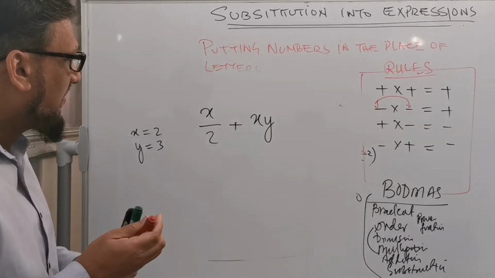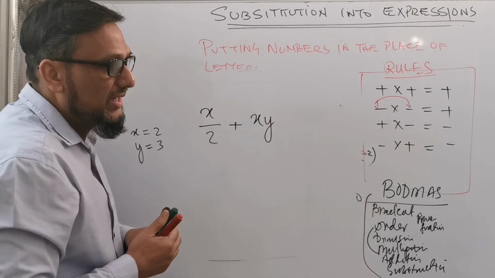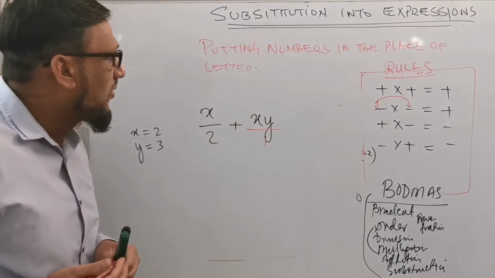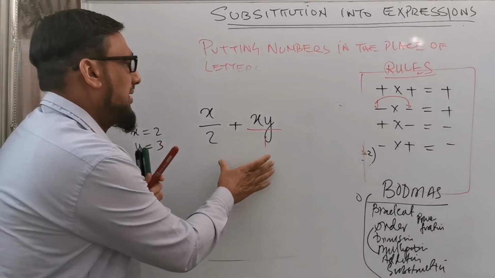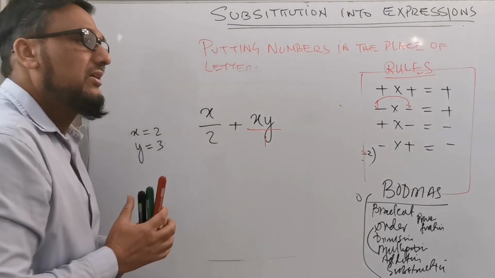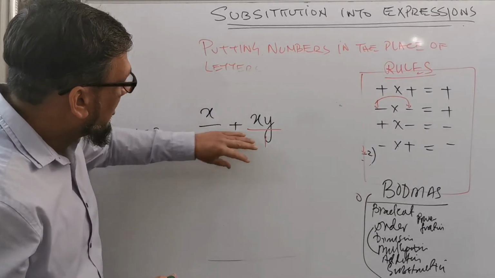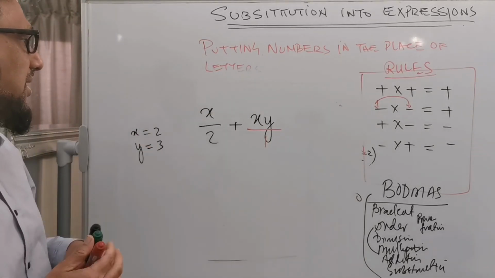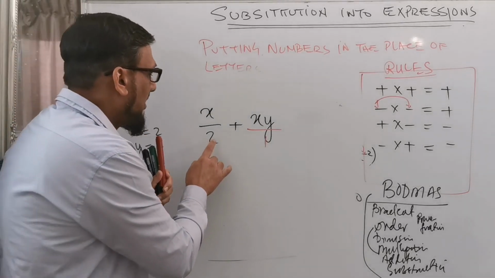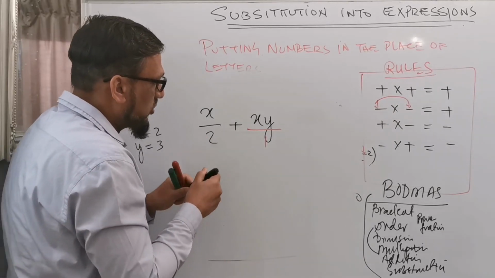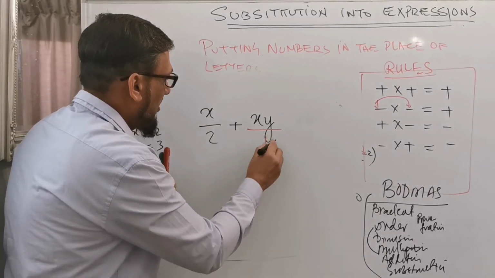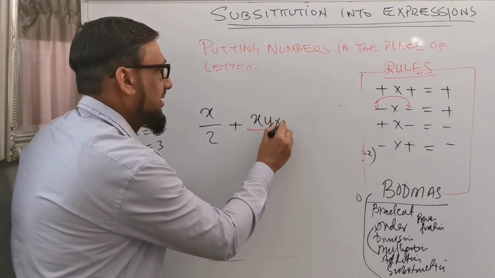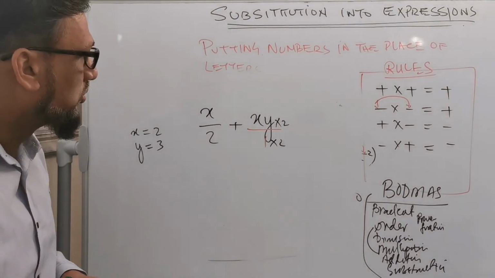How do we simplify? As we know about fractions, if nothing is there, it means there is a 1. Whenever we are solving fractions, we need to make the denominator the same. There is a 2 there, so I need to multiply by equivalent fractions, which is times 2, and I also need to multiply this one by 2.